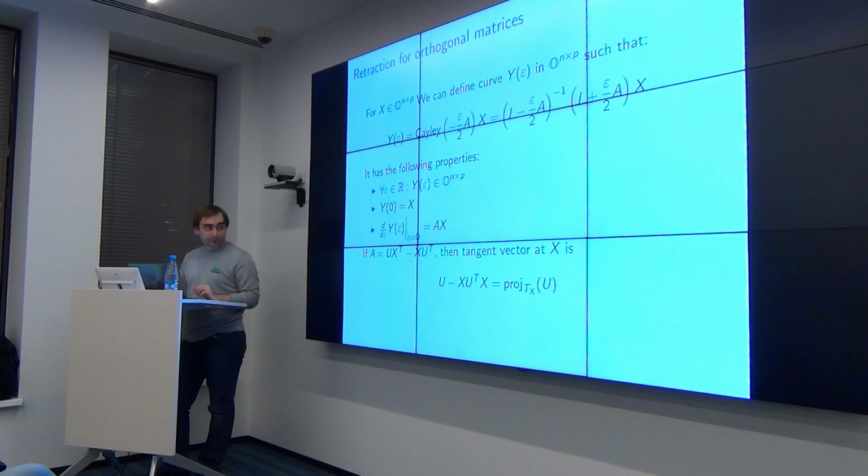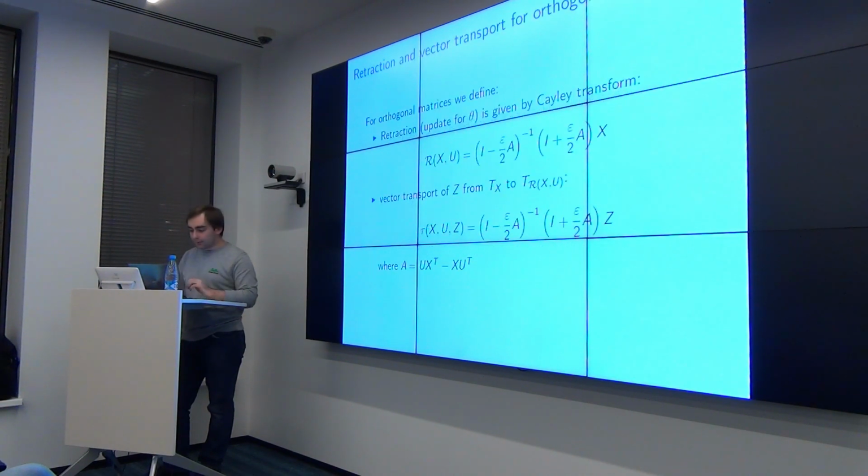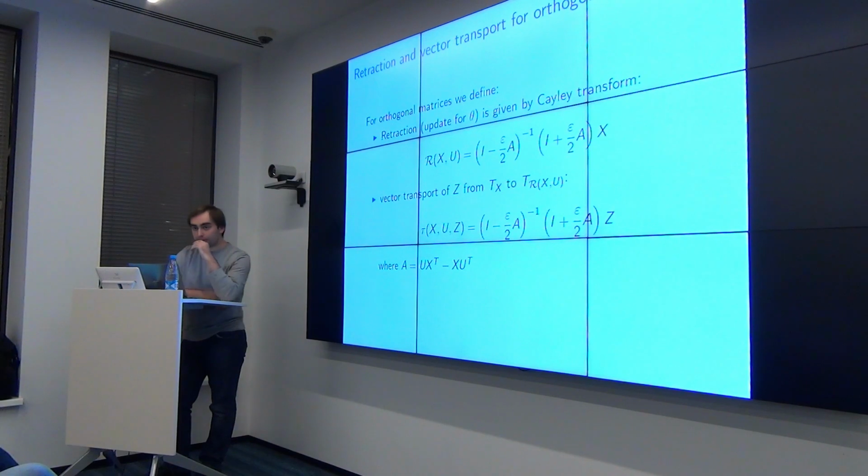So for orthogonal matrices, we can define projection like we just did. Matrix A is parameterized by matrix U, and X is given, it's our current point. U is the tangent vector, X is an orthogonal matrix.